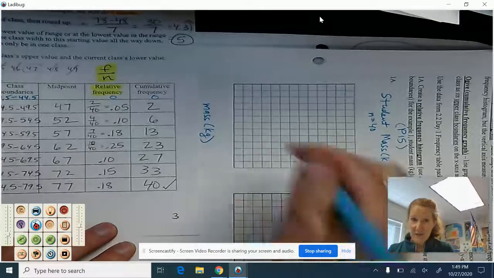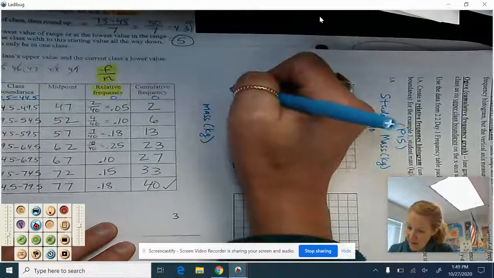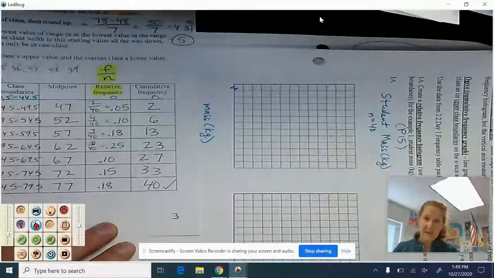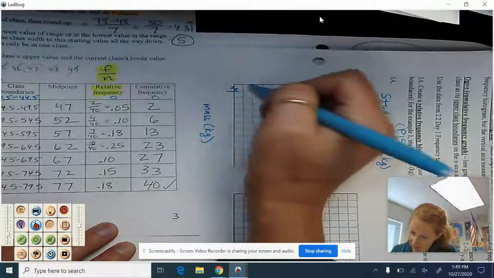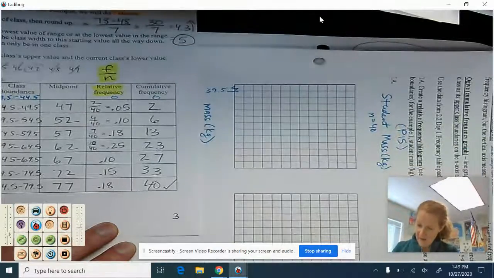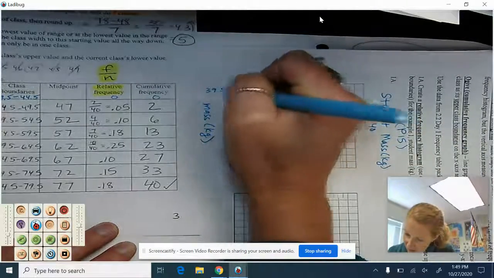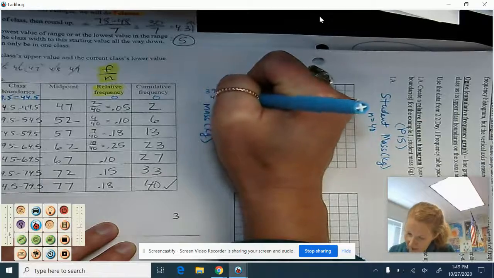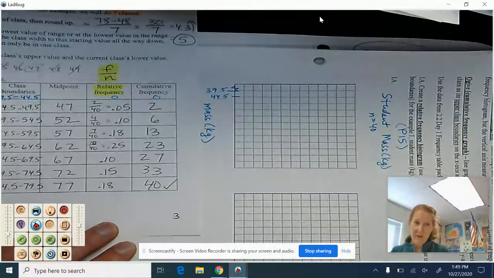I have student mass here, and I'm going to put a break on my graph, a little zigzag. Then I'm going to put a line here, and that's where I'm going to put the 39.5. Then I'm going to start here at 44.5, and we're just going to be going up by 5.